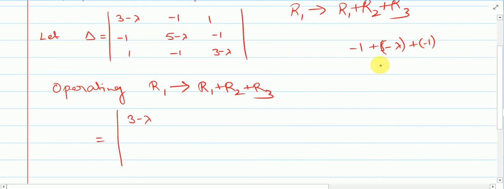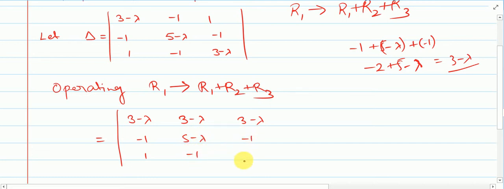Again, what will we get? We get minus 2 plus 5 minus lambda, which will be 3 minus lambda. So here also we are getting 3 minus lambda. Here also 3 minus lambda. So minus 1, 1, 5 minus lambda, minus 1, minus 1, 3 minus lambda.